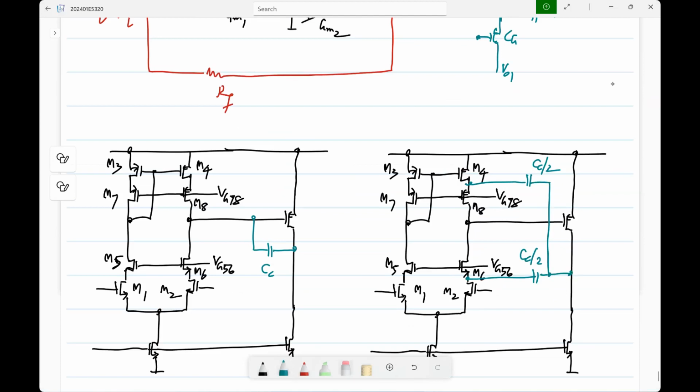What is the swing at these nodes? What should it be ideally? Okay, forget that new op-amp. What is the swing at the source of M6 and source of M8? If you have a cascode, what is the signal swing at the source of the cascode?